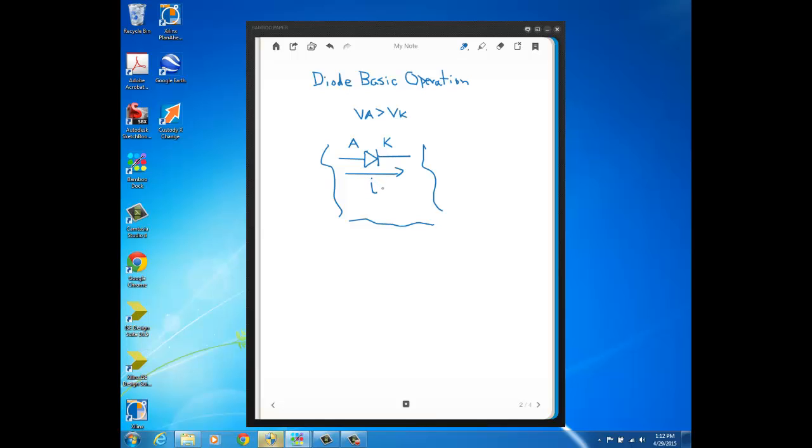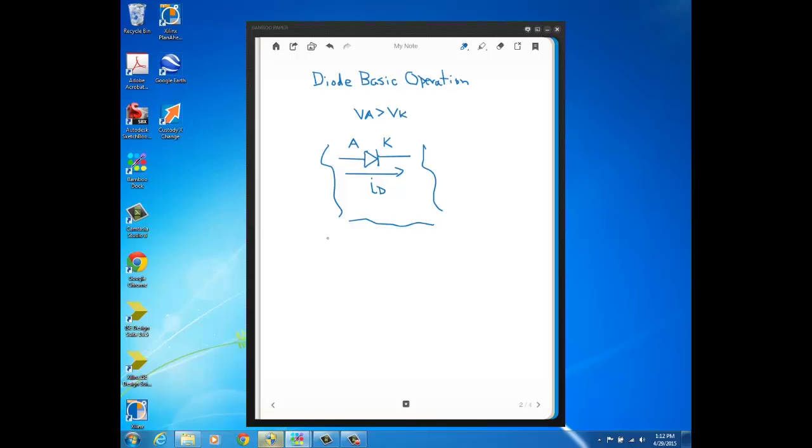The current that flows through the diode will flow anode to cathode because, as you learned in 201, current flows from the higher side to the lower side through components that are absorbing power. And just like a resistor always absorbs power, a diode always absorbs power. So it's going to flow from the higher voltage end to the lower voltage end, as we see here.